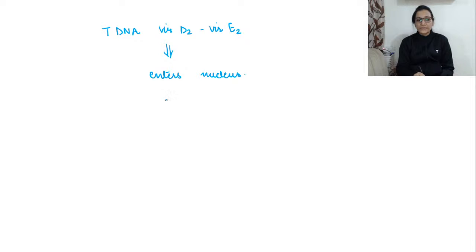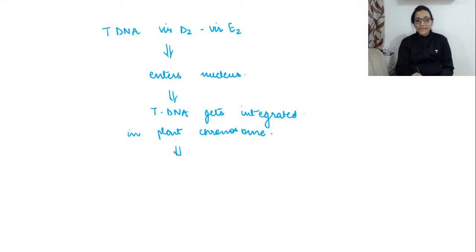The tDNA gets integrated into the plant chromosome through a process which is called illegitimate recombination.